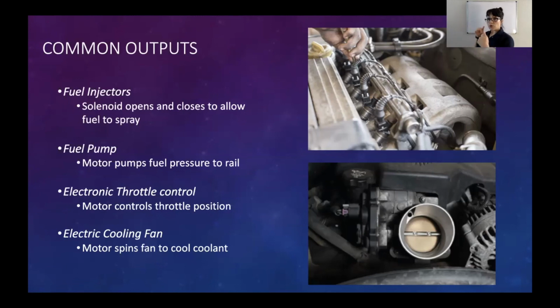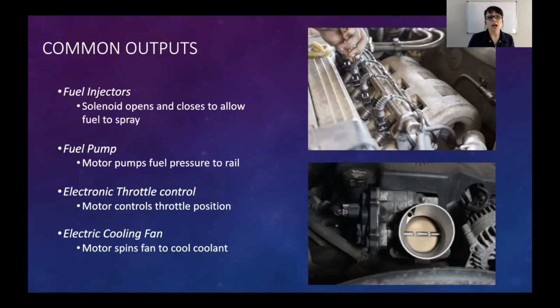So when you press down on the pedal, there's a position sensor on that pedal. That position is reported to the computer. The computer says, all right, customer wants 50% throttle. So it is going to command the motor on the throttle body to turn the throttle for 50% throttle. That is throttle by wire. So that motor that turns that throttle plate is an output or a controlled device.